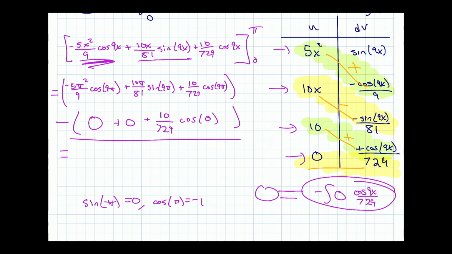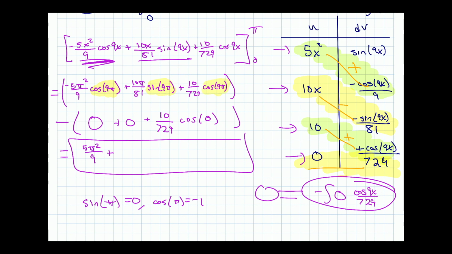So what I'm going to get, cosine of 9 pi is going to be negative 1. So negative 1 times what's already there is going to give you 5 pi squared over 9 plus the sine of 9 pi is 0, so I'm not going to write that.